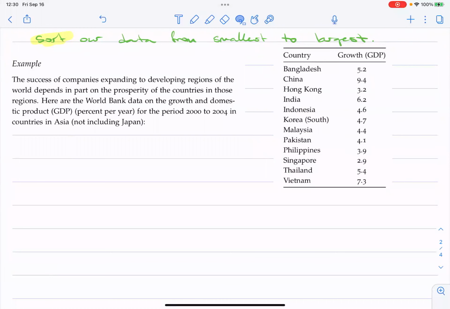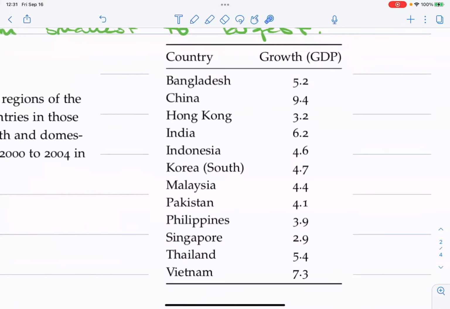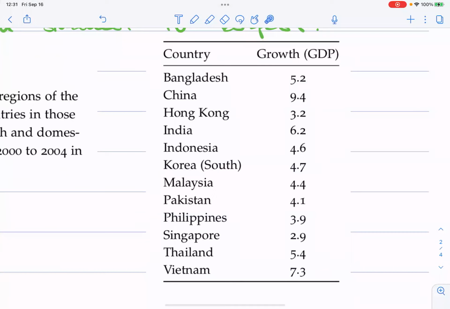So here we have this GDP data from some years, doesn't matter. This is numerical data, that's a good start. And next week, I'll show you the histogram of this, how to bring up the histogram and stuff like that. But for now, we're going to use this data as an example.